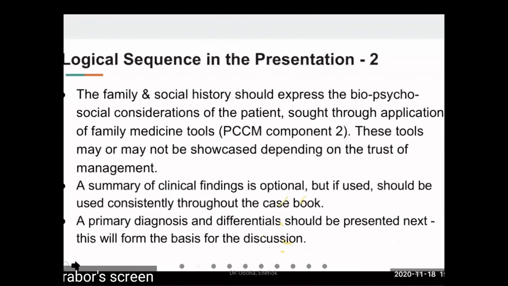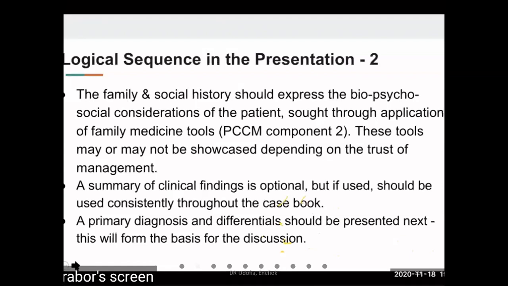So these tools may or may not be showcased depending on the trust of management. Not all of them can be pictured, but at least the family and social history should be able to pick some of these things. And most of the time, before your diagnosis, you can do a summary, but this is optional.